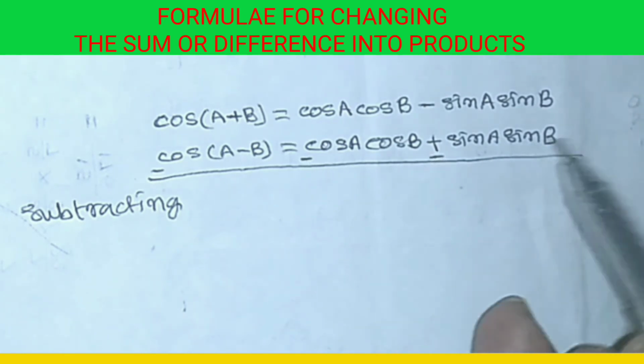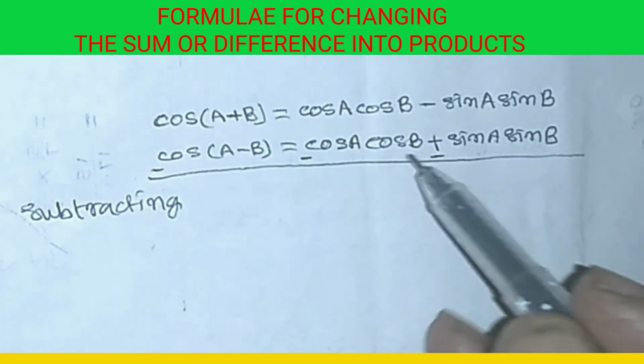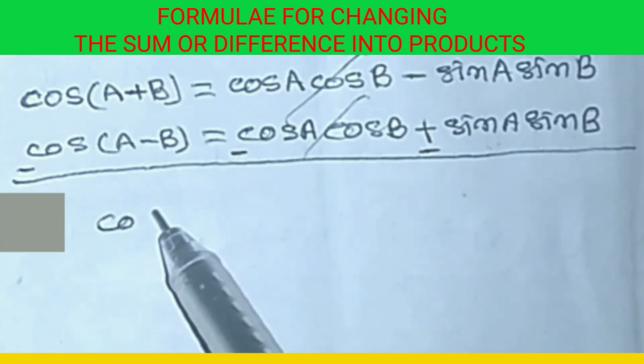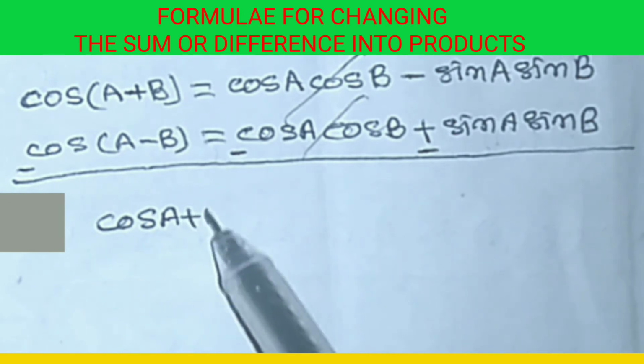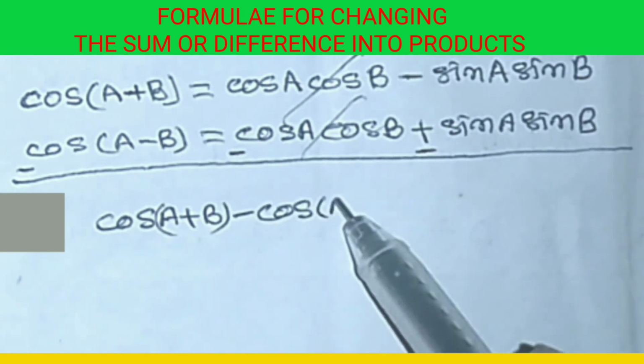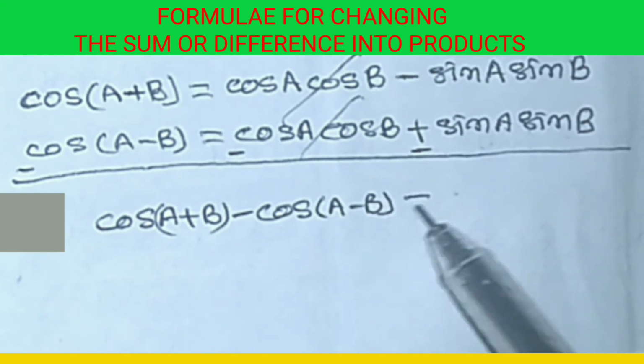Cos A cos B cancelled. Cos A plus B minus cos A minus B is equal to minus 2 sin A sin B.